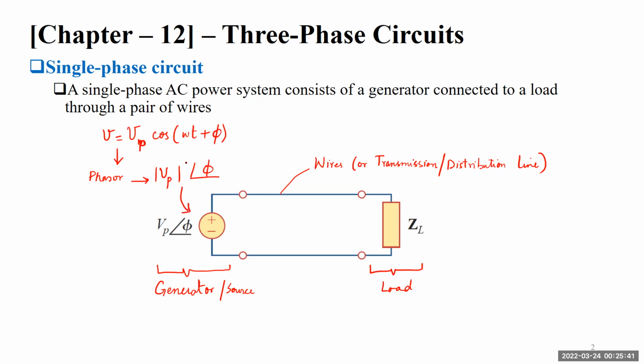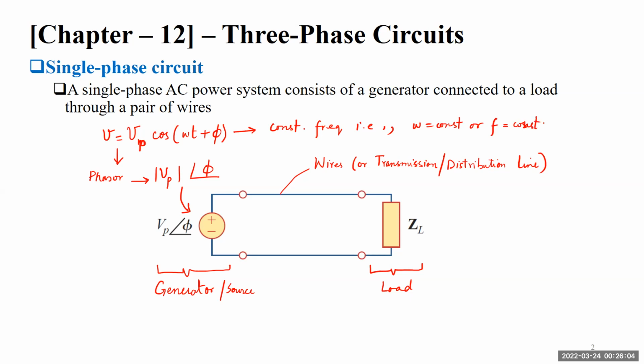Since power systems work at constant frequency, that is omega equals constant or f equals constant, they have a constant operating frequency.